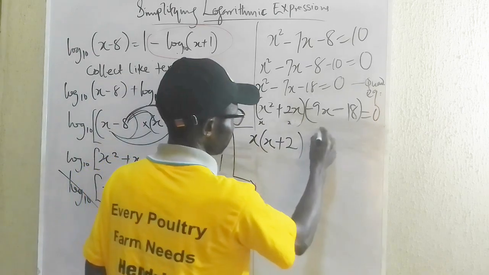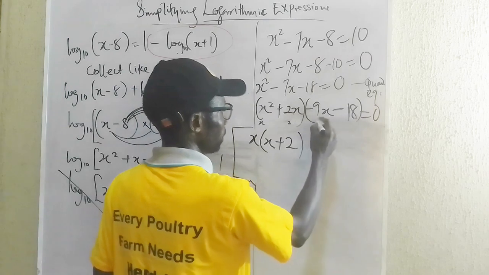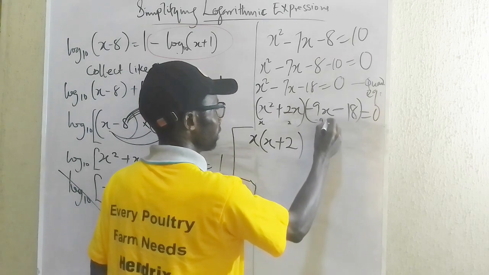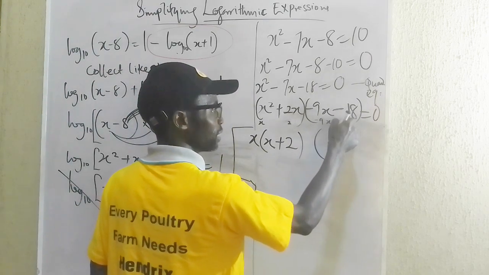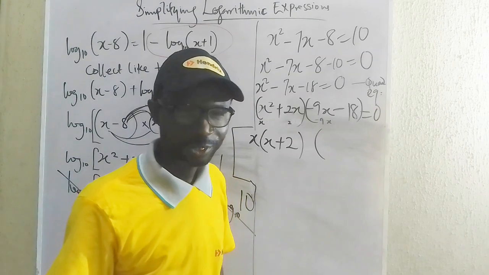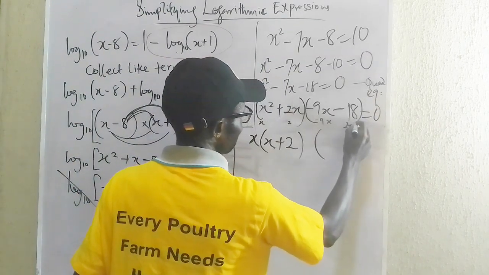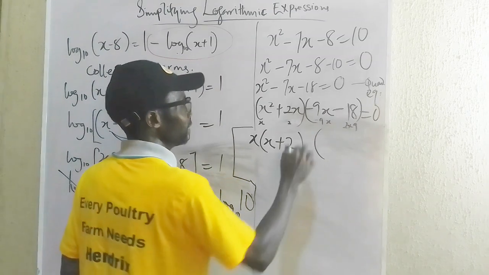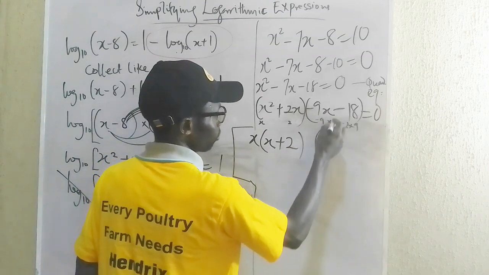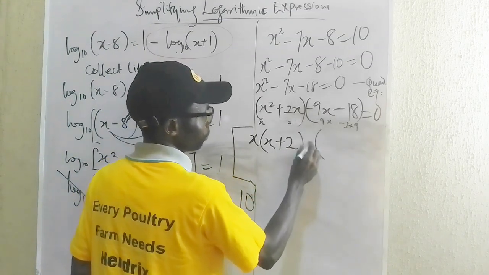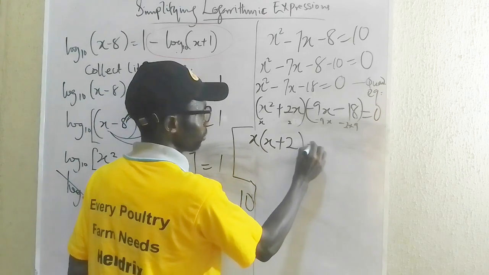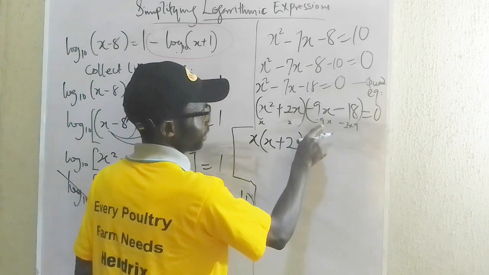We'll now come to this place. What is here that is also here? We have minus here, we have 9 here, we have x here. We have 18. 18 is actually what? 2 times 9. So we have minus, so minus comes out here. And then we have 9 here, we have 9 here.